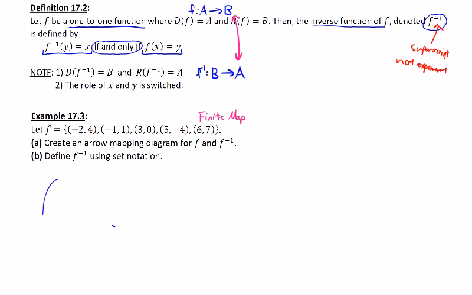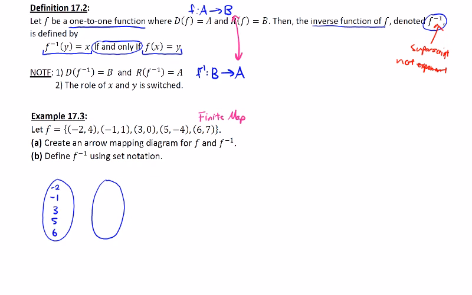The arrow map hasn't been done since early in the semester, so let me remind us of how to do that. We're going to make 2 spaces. The space on the left is the first set. That's going to be the domain. So looking at all the x values or all the first entries of your ordered pairs, we will list -2, -1, 3, 5, and 6.